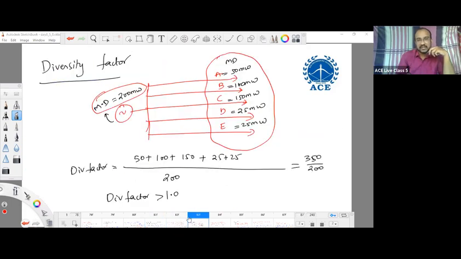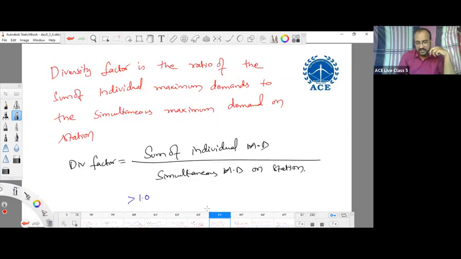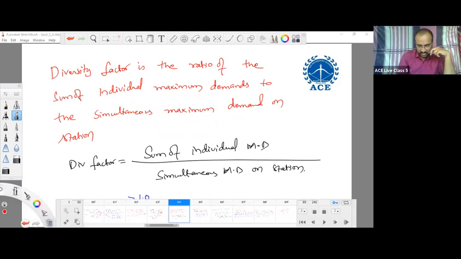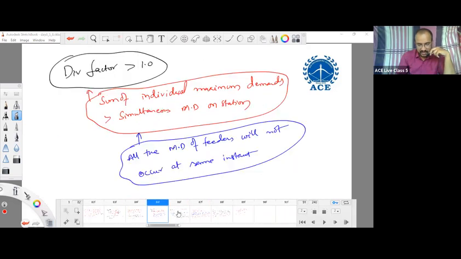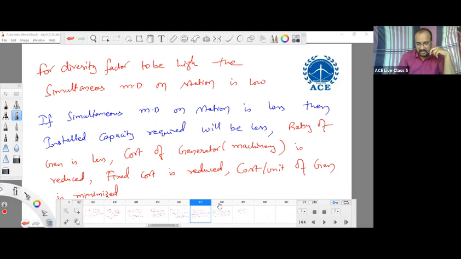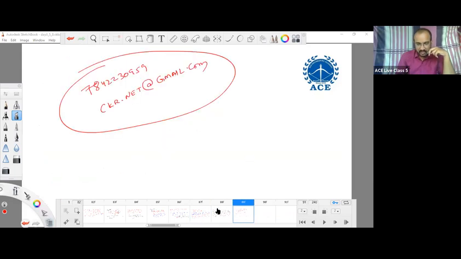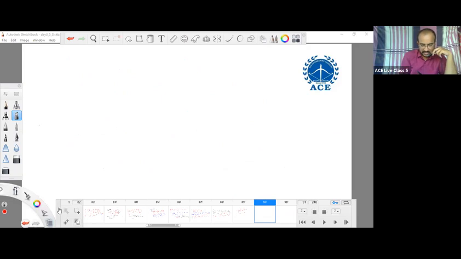The diversity factor is the ratio of the sum of individual maximum demands to the simultaneous maximum demand on the station, and it should also be high. If the diversity factor is high, the rating of the machinery or generator is reduced, so the fixed cost is reduced and the cost of generation is minimized. So we have gone through these aspects in the last class.